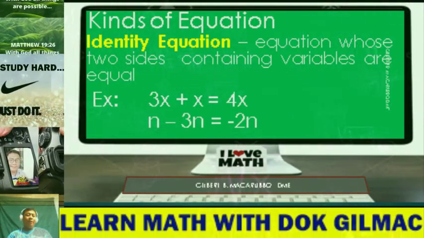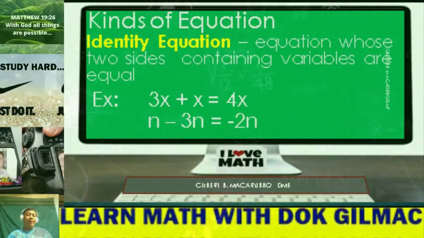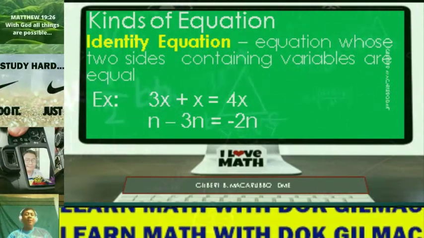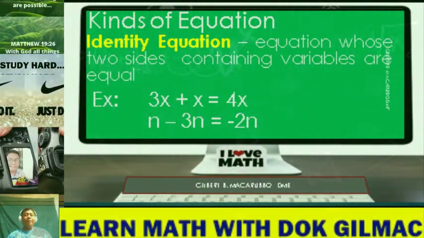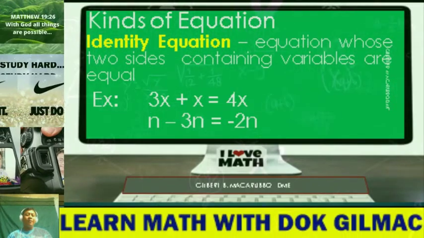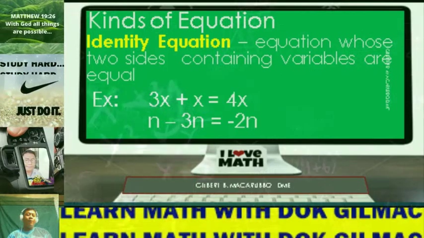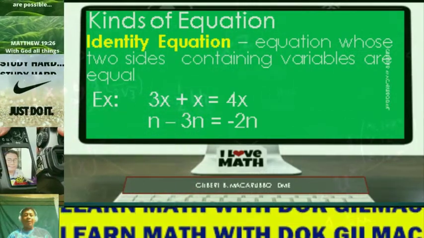If you perform the subtraction operation on the left side, n minus 3n, it is simply equal to negative 2n. So these two equations here are all examples of an identity equation.